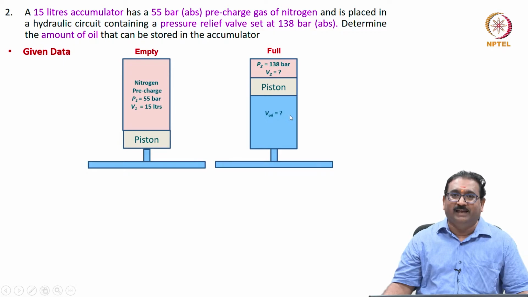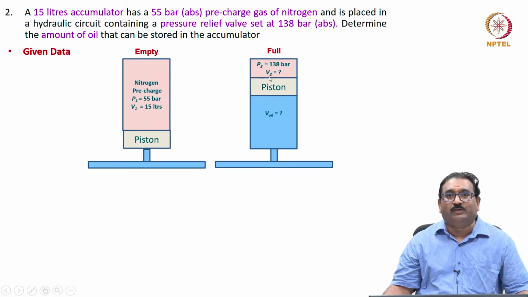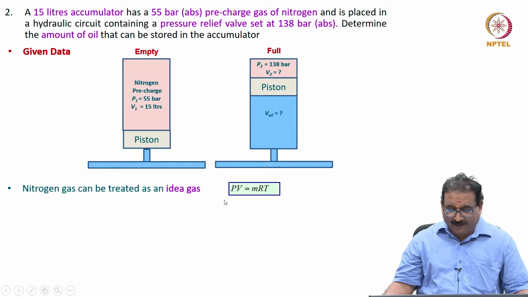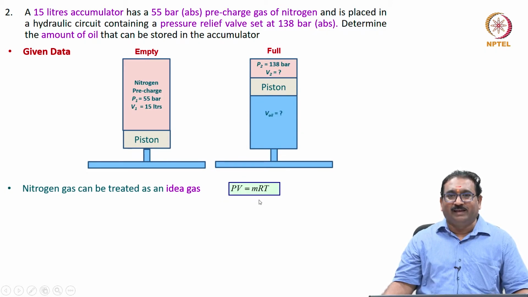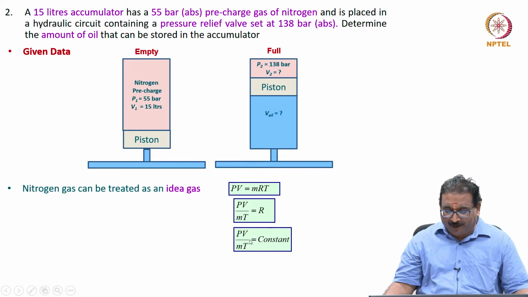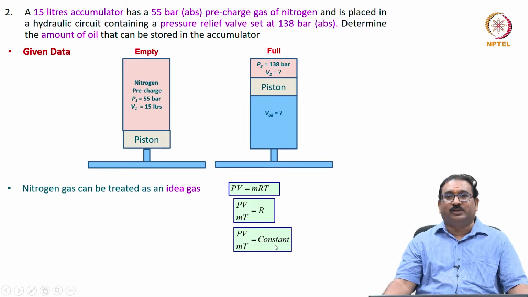We have to use the ideal gas law, but V2 I also do not know. For that, assuming that the nitrogen gas can be treated as an ideal gas, PV equal to mRT is the equation, then PV by mT equal to R. PV by mT is a constant, R is a gas constant.